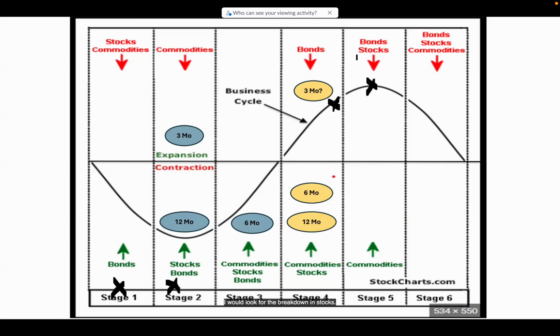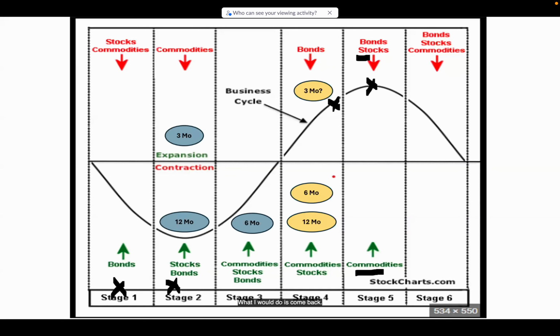I would look for the breakdown in stocks. Okay. I would look for the continuation of an uptrend in commodities. So that's where I start going in and start looking at the individual charts for those asset classes to determine where those key levels would be for our trend analysis, and of course identify the areas of supply and demand that relate to that. Okay.